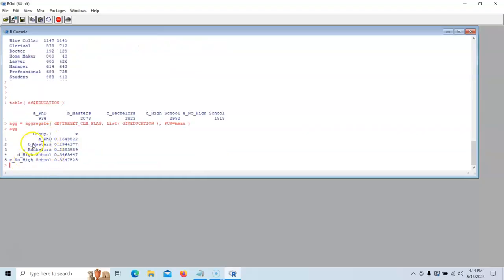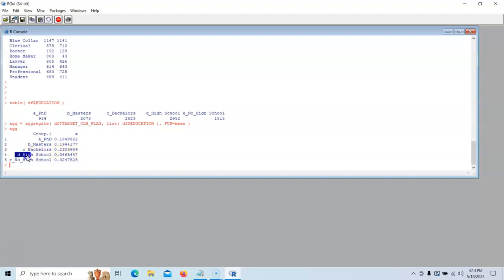So now you can see that your PhD is your safest driver. Master's degree is the next safest. College degree is next, and then high school and no high school, 34 and 32. It's a slight difference.